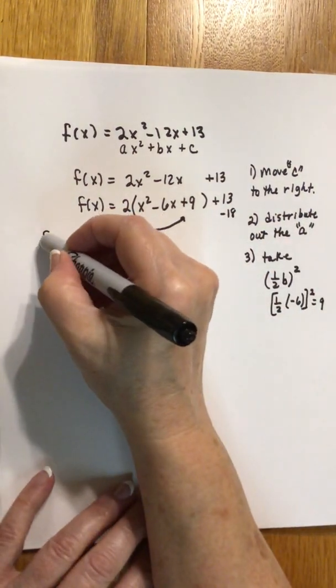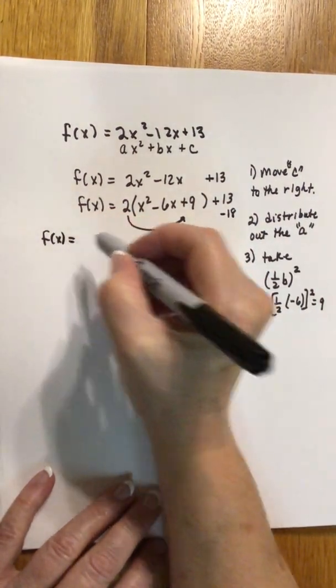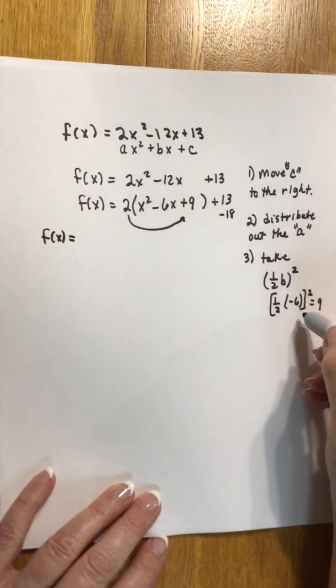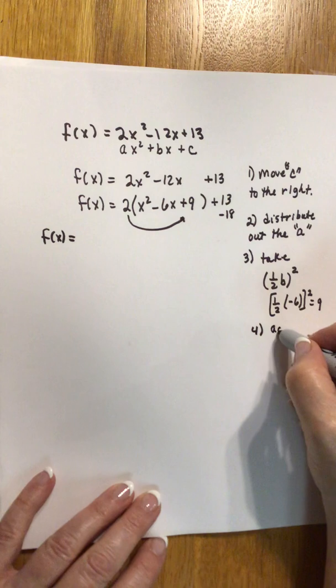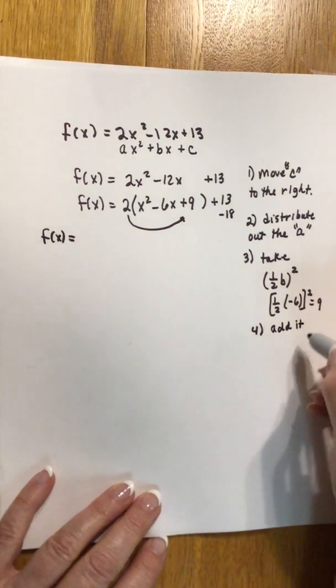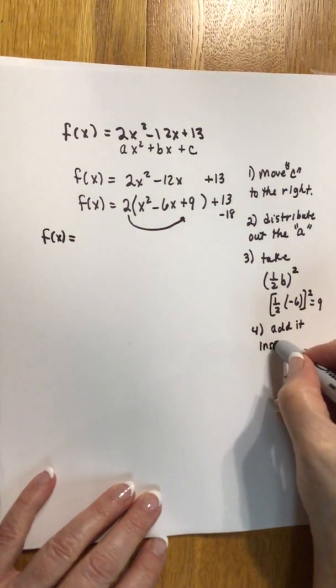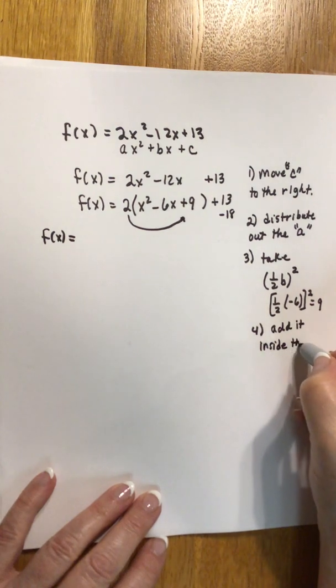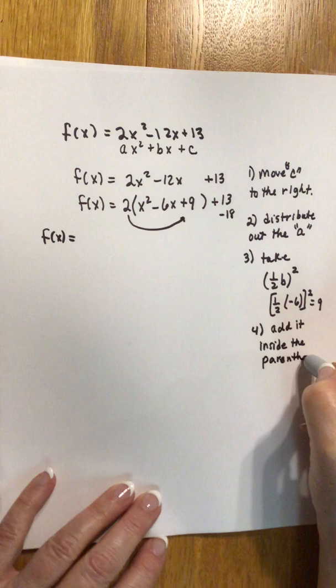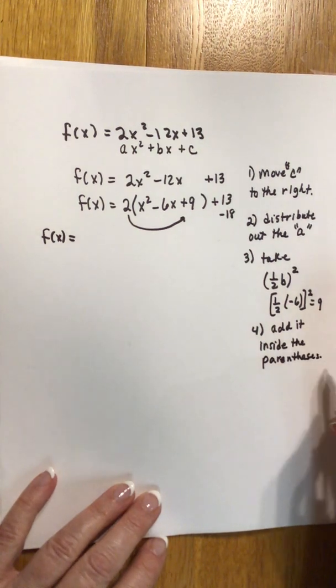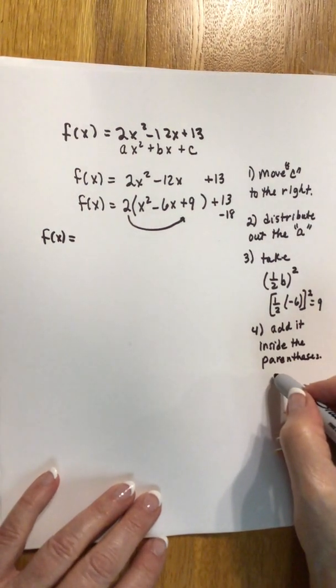So I get f of x equals, so here let's go ahead and finish this out. So number 4, we're adding it inside the parentheses, and then subtracting it from the c.